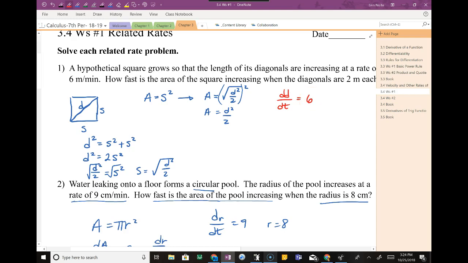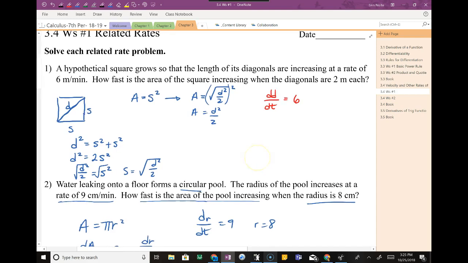So this statement right here says the diagonal, and I'm using d to represent diagonal, is increasing at a rate, so that's dd/dt of 6. Okay, what else did they give us? What is 2? The d is 2. Alright, let's go ahead and do this.